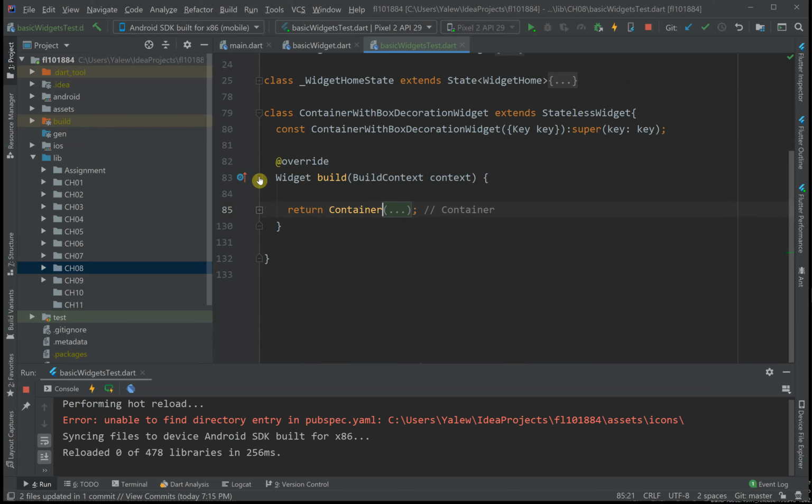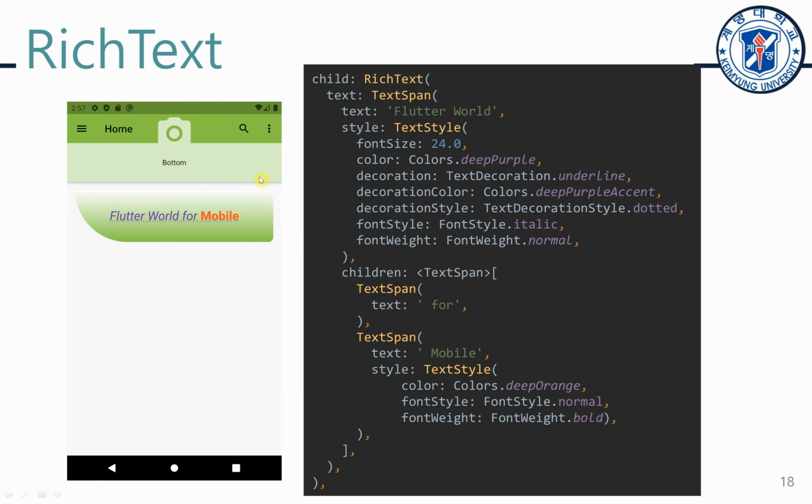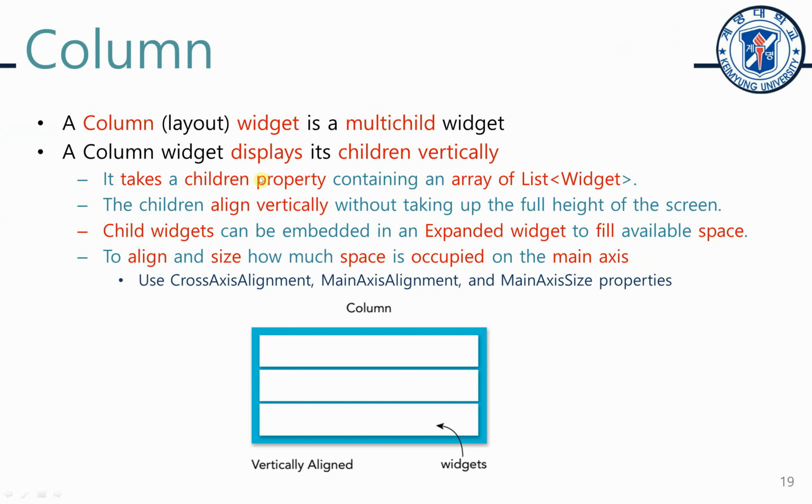Okay, so the next widget is the column widget, and the column widget is also a layout widget. This is also a basic layout widget, by the way. You use this to render multiple children. So it displays children vertically. So it takes the children property, and in that children property it holds a list of widgets, and it aligns them vertically.